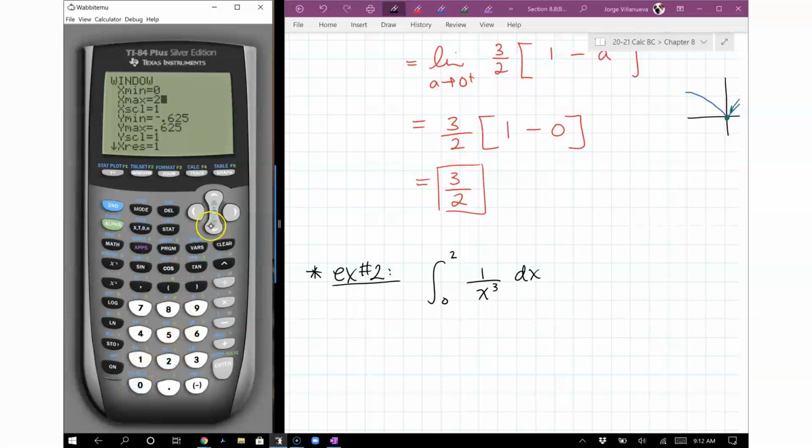Oh, it's because I was zoomed in. Sorry. Let me fix that. Negative 10 to 10. All right, so notice from 0 to 2, it shows it for you right there.